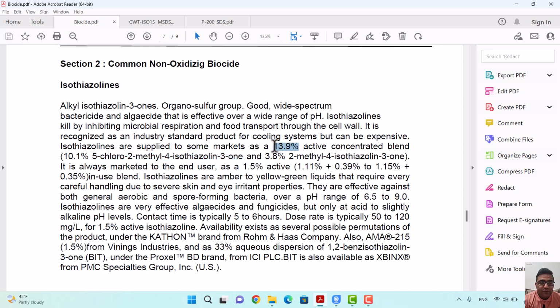That was the supply to the market. And the supply to the end user has the exact same formulations, but their concentration is like this one or like this one.